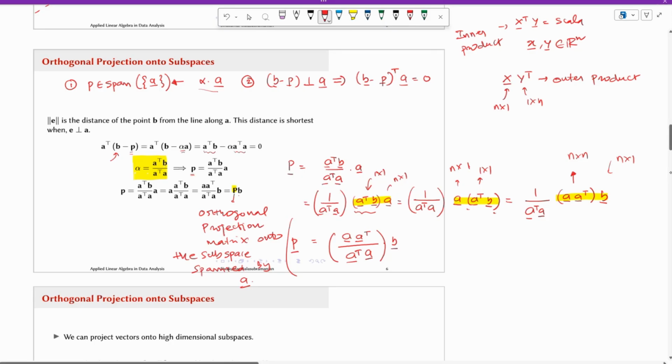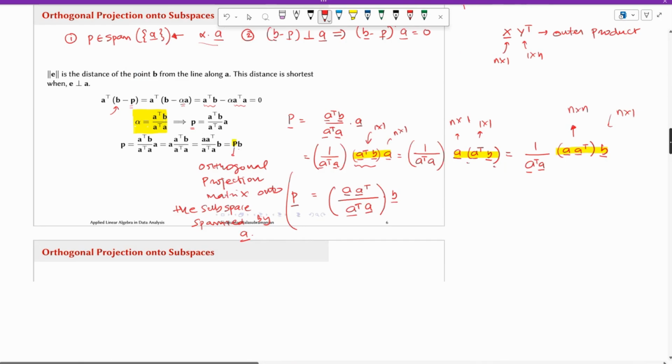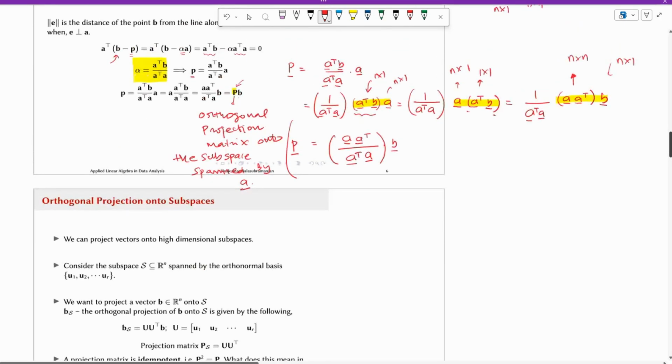When we wanted to find the orthogonal projection geometrically, what did we do? We went to the tip of B, dropped a perpendicular line that intersected with the subspace spanned by A, found where that intersection was, and then said that is the tip of the orthogonal projection vector P. That whole geometric operation is essentially now done by the orthogonal projection matrix. That does the job for you and gives you that vector P.